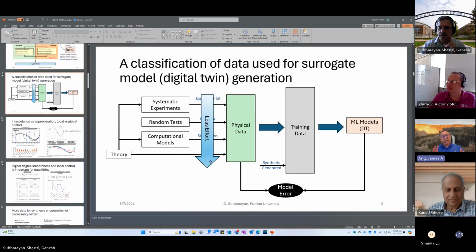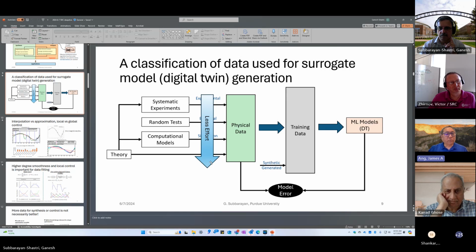I just wanted to point out that's a different view of the layout of data for a digital twin than, for example, the graphic that is used in the National Academy study that was recently published on digital twins, where there's actually a separation between the virtual model, which is where modeling and simulation and computational simulations appear, and the physical model, which is where you have measurement and observation data.